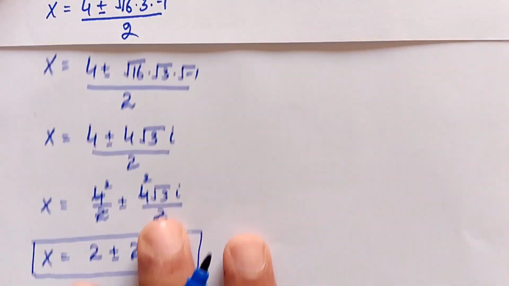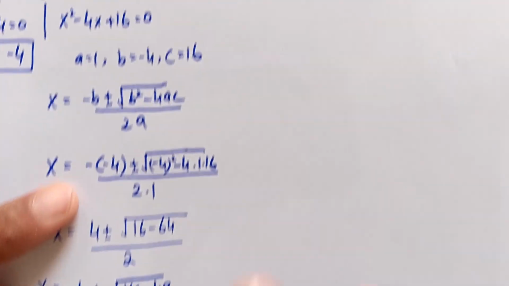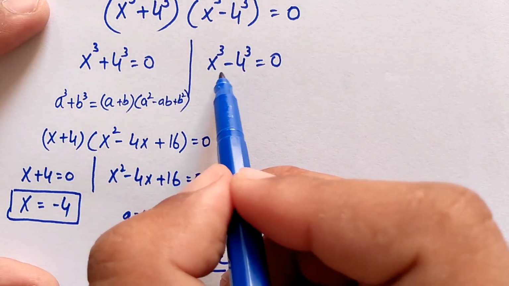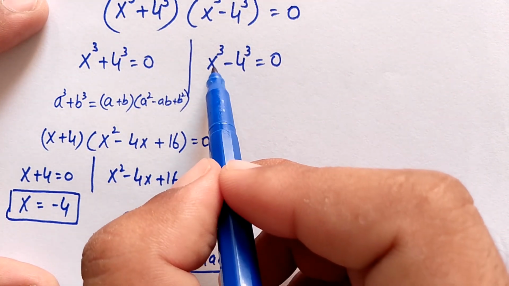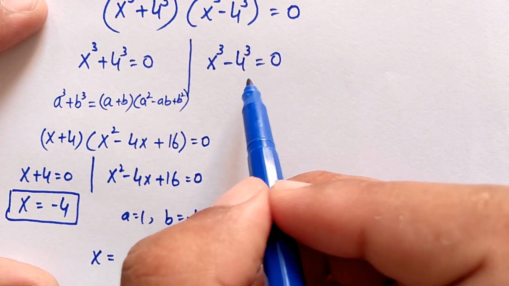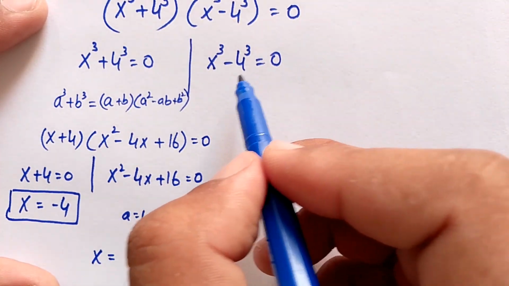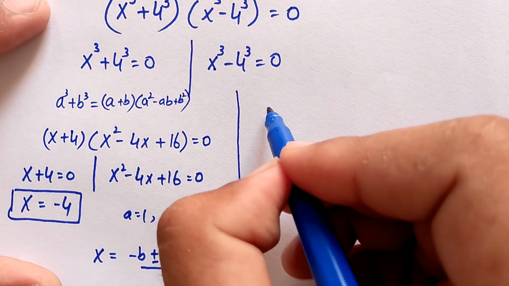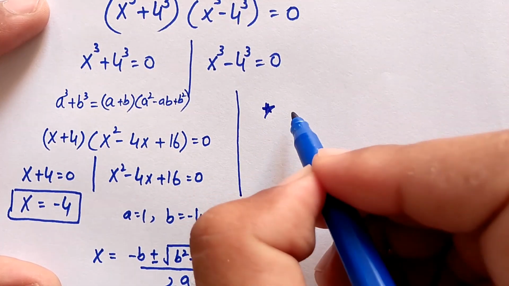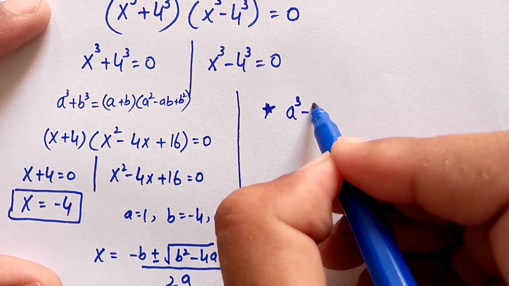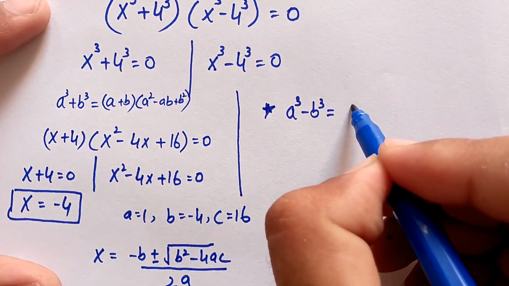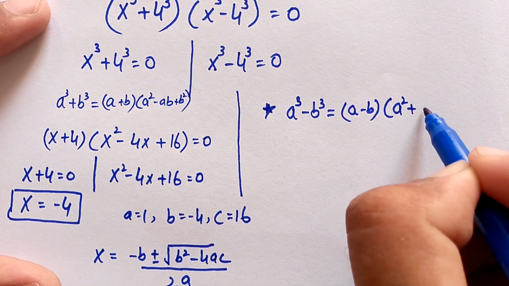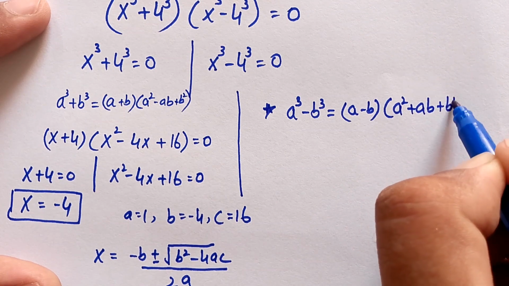Now we have to solve the case number second. x to the power of 3 minus 4 to the power of 3 is equal to 0. To solve this, we have to use this cubic identity, which is a to the power of 3 minus b to the power of 3, which is equal to a minus b times a square plus ab plus b square.